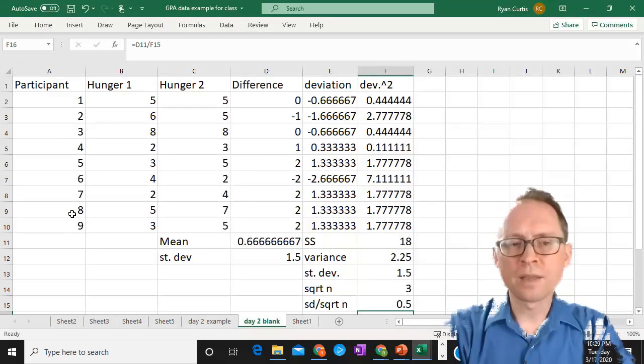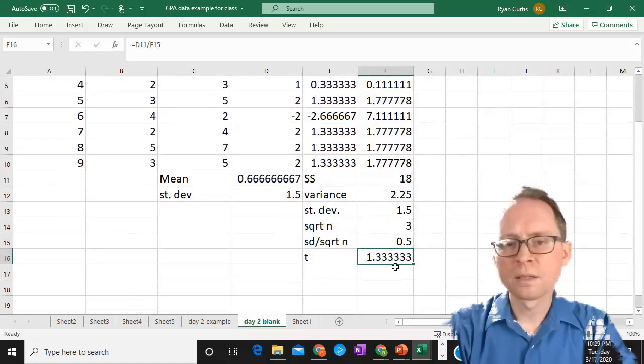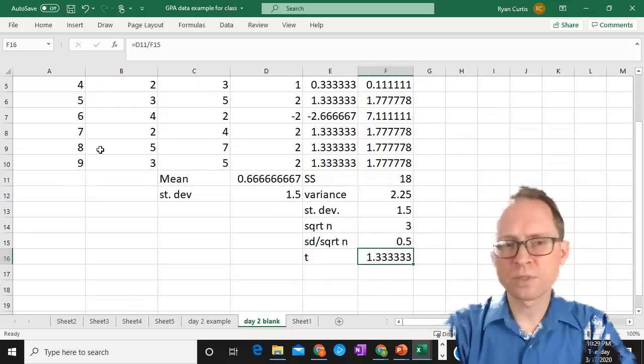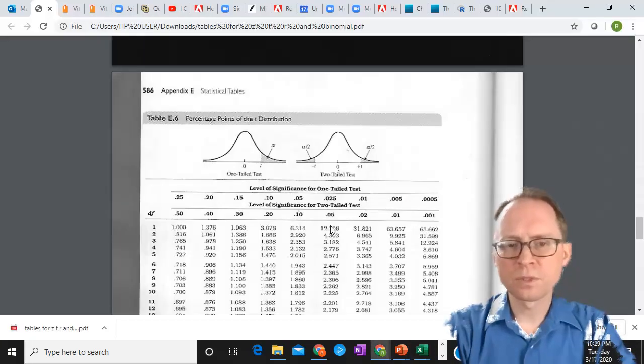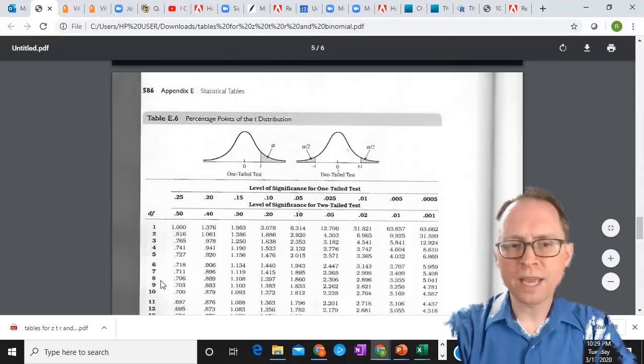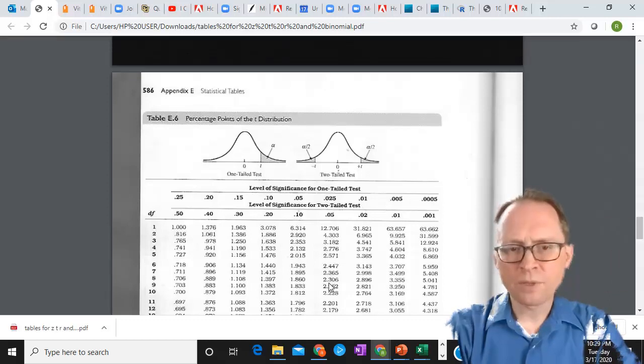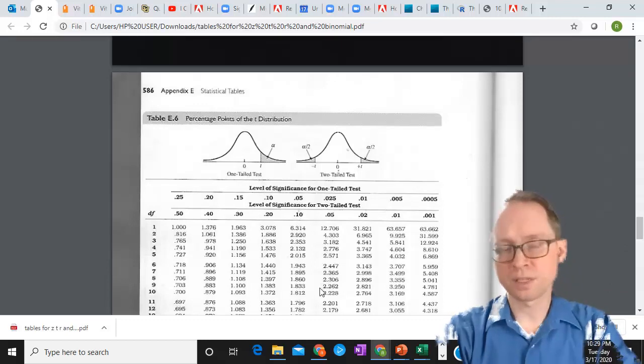So degrees of freedom are n minus 1, so the degrees of freedom are going to be 8. Remember, our t is 1.33. So when we look at the table, degrees of freedom equals 8, and we are looking for the p-value when alpha equals 0.05. The critical value we're looking for is 2.306.